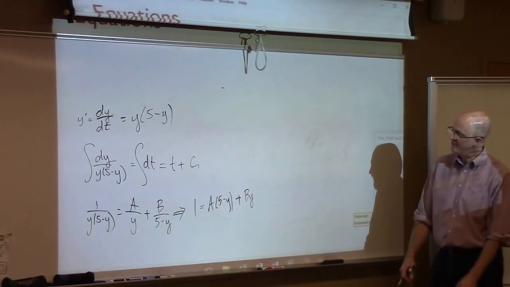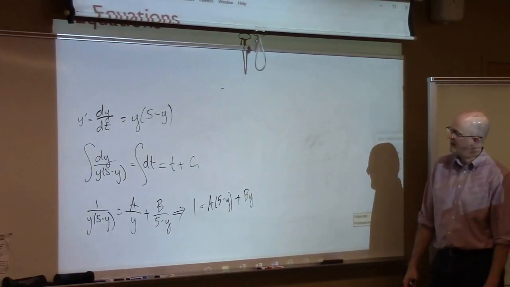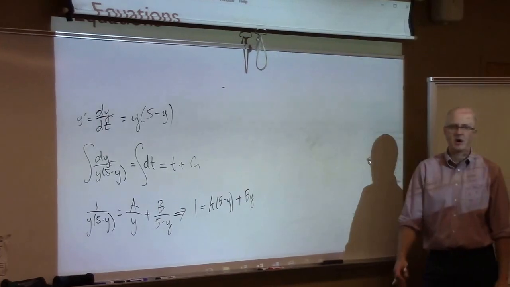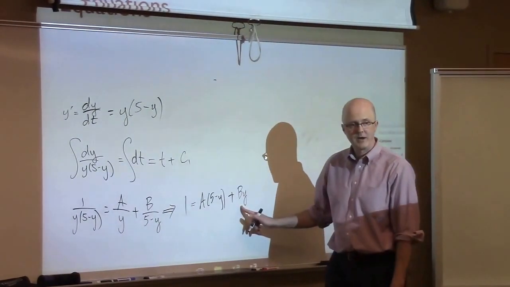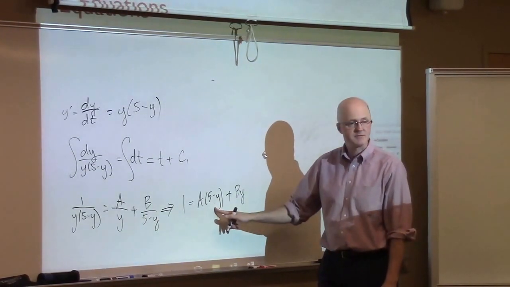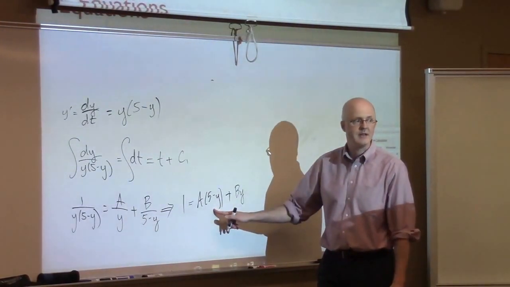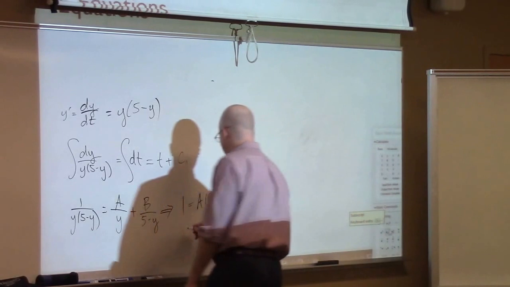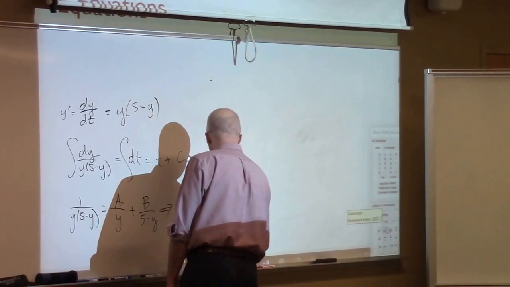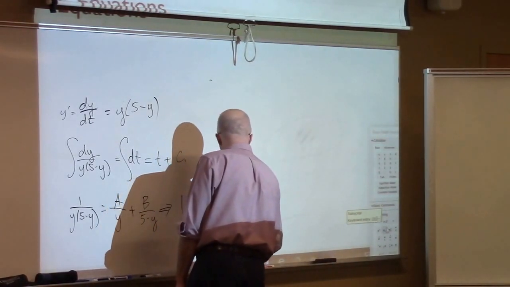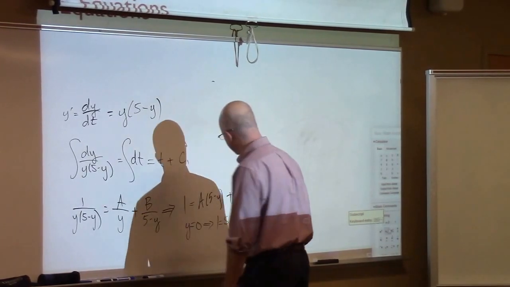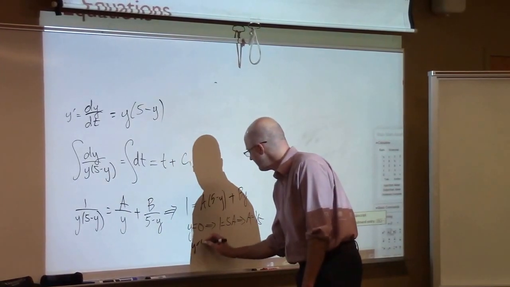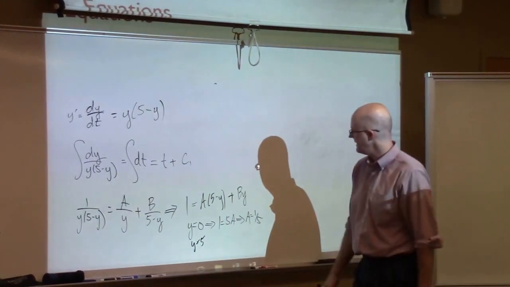Quickest way to solve for a and b is to plug in values of y that simplify this expression a lot. For example, if y is 0, that goes away. This becomes 5, and a is 1/5. Plug in y equals 5, and that one goes away.